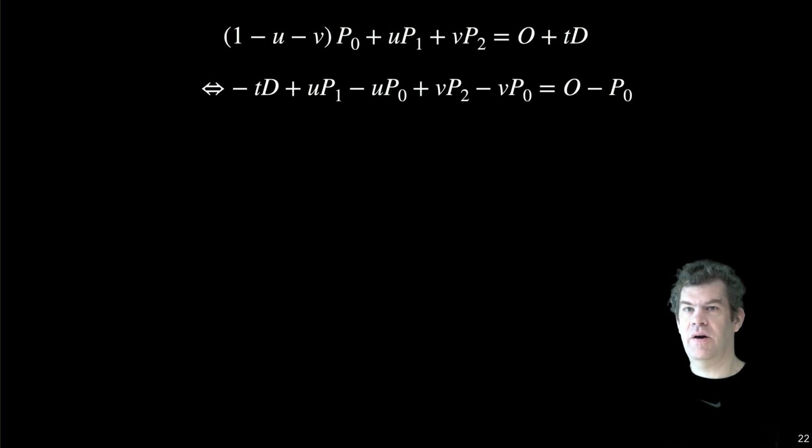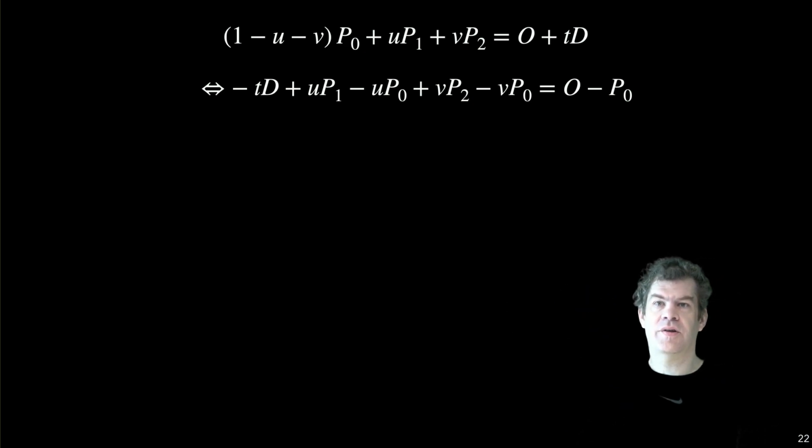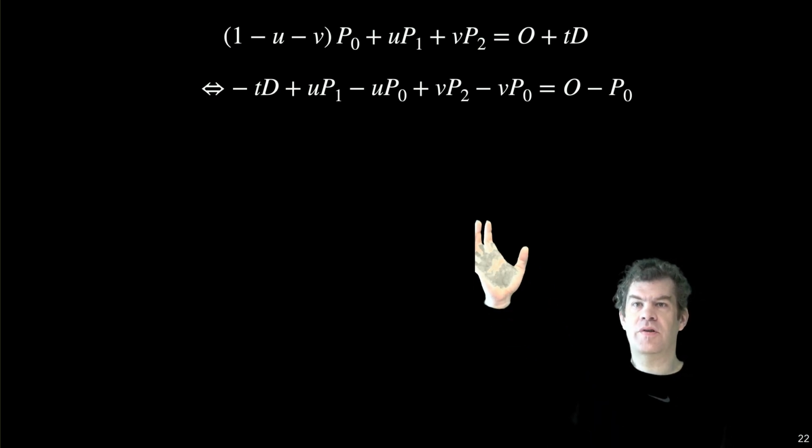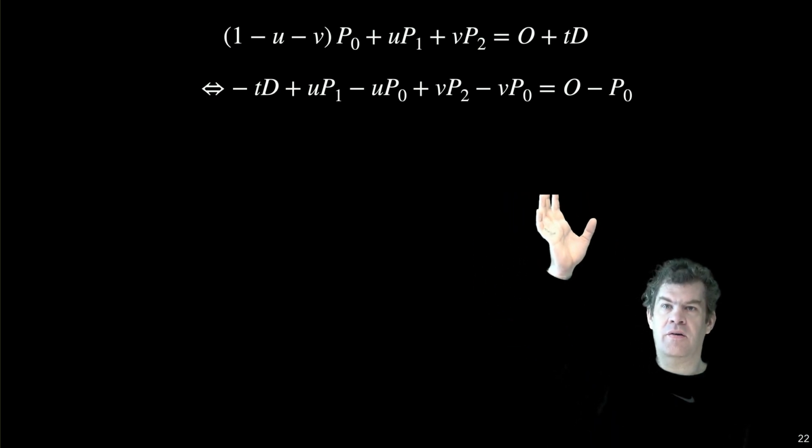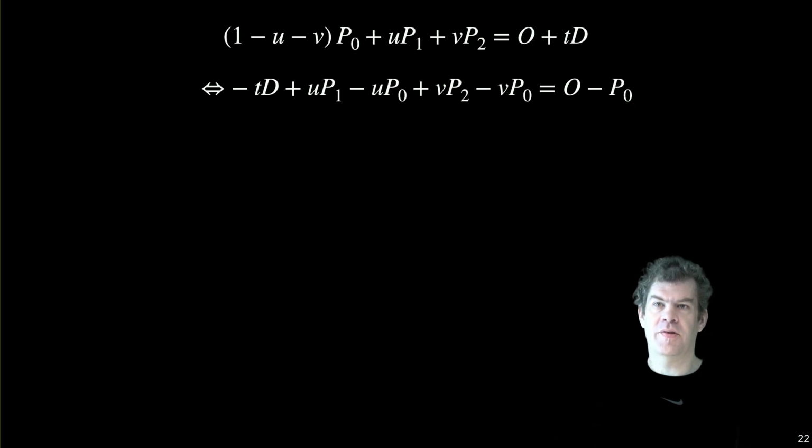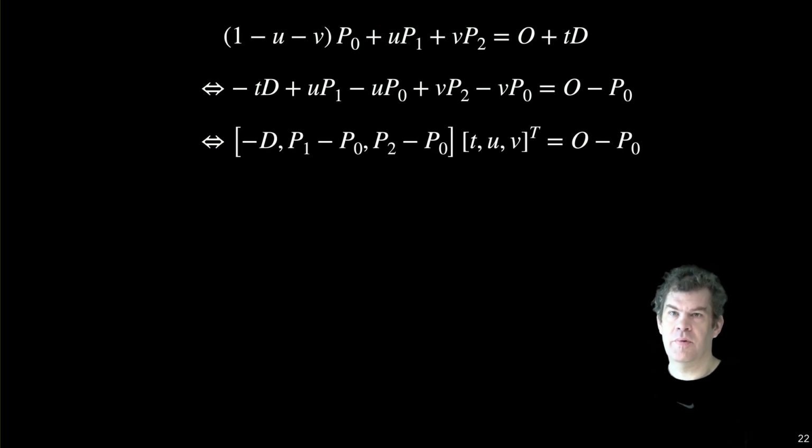Okay, and now I can also sort the variables if I want to, right? So for instance, the only thing I have to do is combine the two things that depend on P0, which is U times P0 and V times P0. So the others are already pretty much separated.